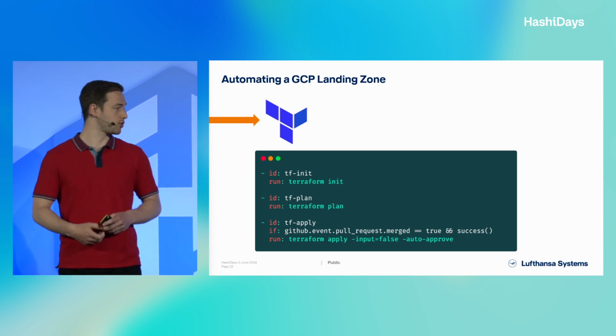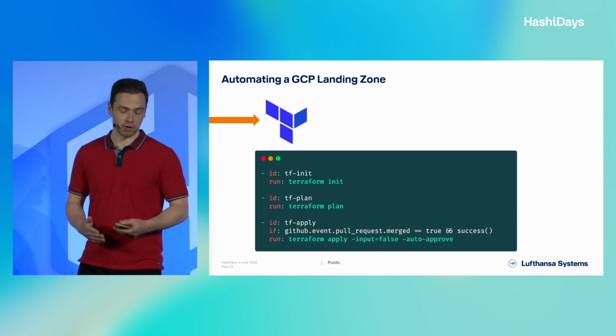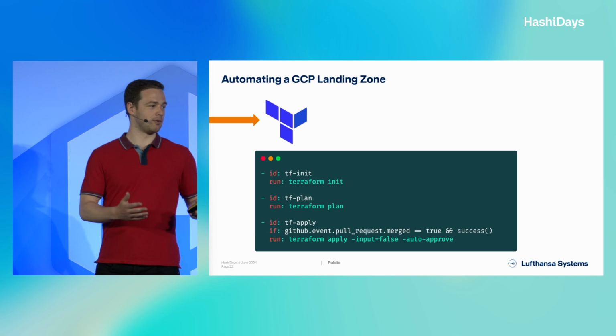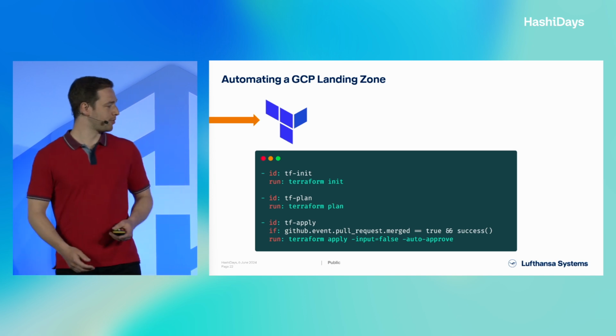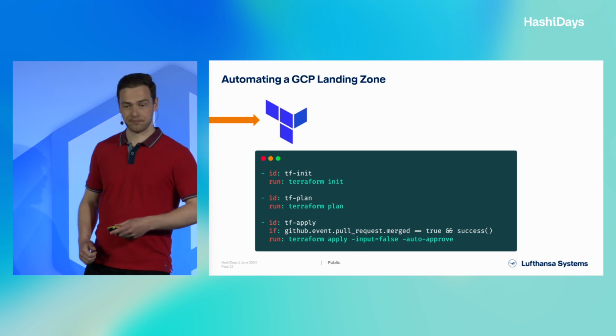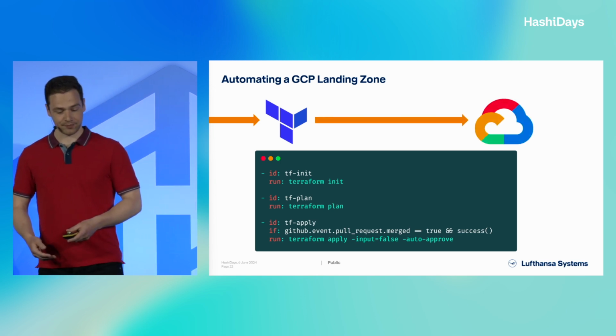So this makes sure we have a 4 eyes principle on any changes that really hit production, before they hit production, of course. And once you then merge something into your main branch, which is the deployment branch, however that branch is called for you, we also run the Terraform apply line, which then brings our changes into our Google Cloud environment, ultimately.